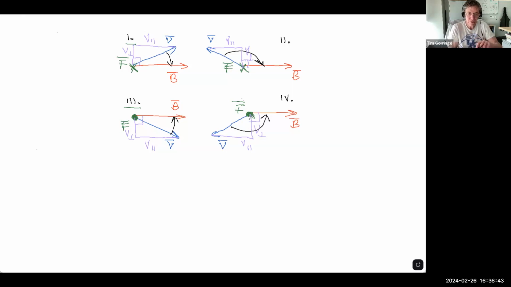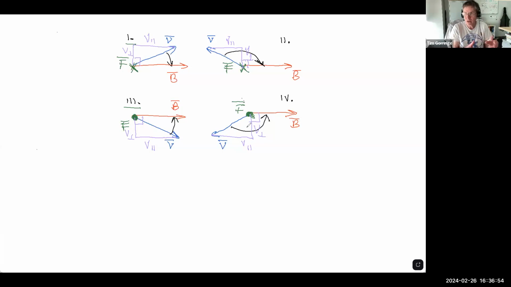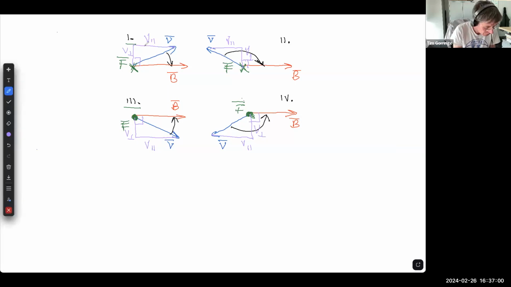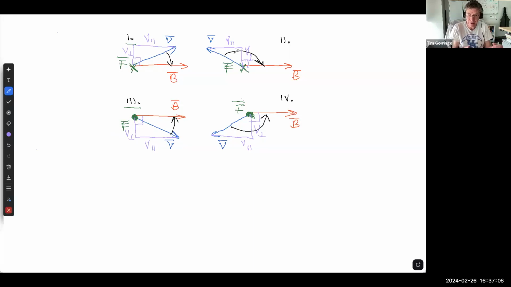This is interesting because if you look at the perpendicular components of the velocity vectors, the components that are perpendicular to the magnetic field, that's the part that's going to make the magnetic force. If you look at the parallel components, either along the direction of the magnetic field or opposite the direction of the magnetic field, those actually don't make any magnetic force whatsoever.